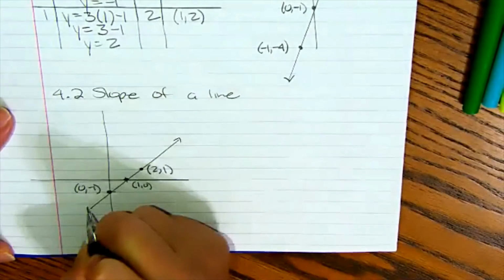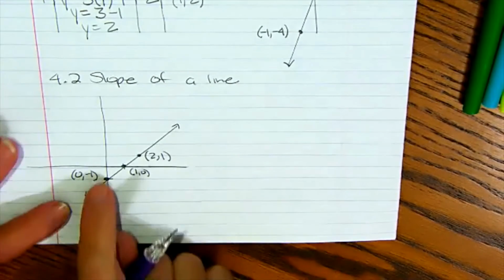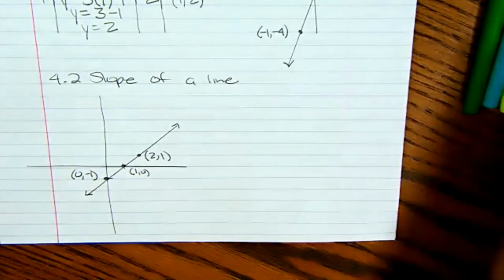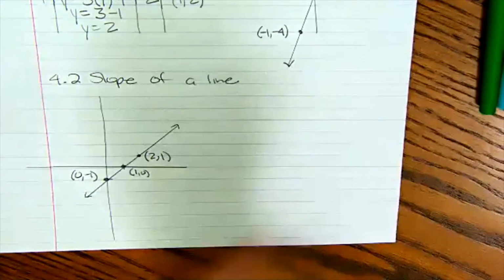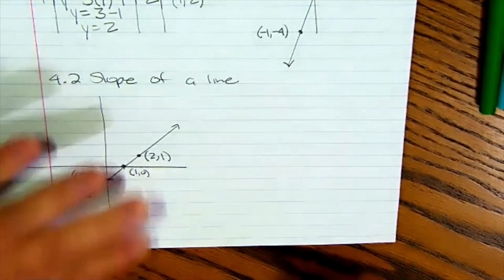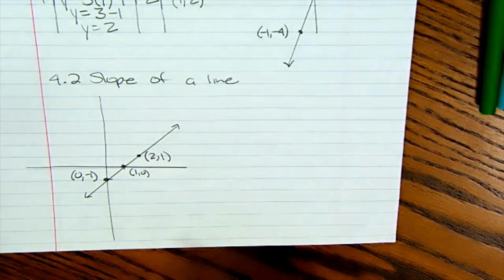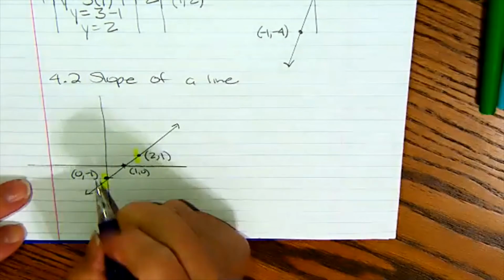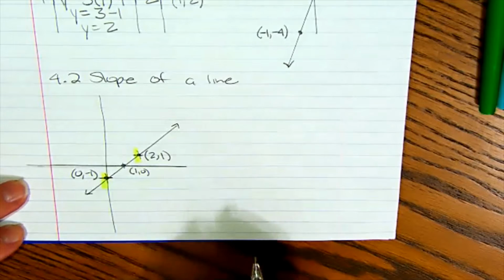So they've given us this graph, and my points are labeled, and they want me to find the slope of this line. Well, to find the slope of a line, when I'm given a graph, the first thing I need to do is find 2 clean points, where the point is directly on the crosshair.